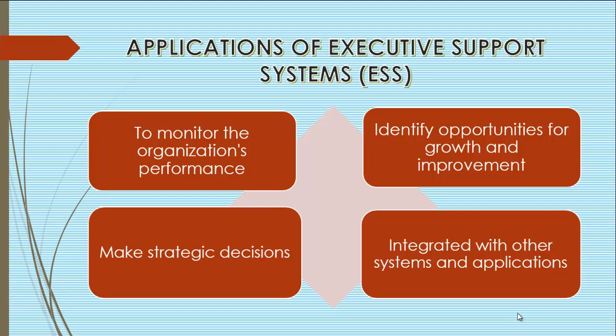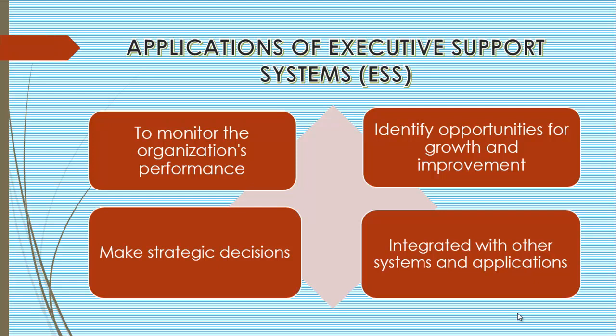The executive support system typically uses graphical and interactive displays to present information in such a way that it is easy to understand and also use. What are the ways that the executive support systems are usually applied? Number one of such ways is to monitor the organization's performance.